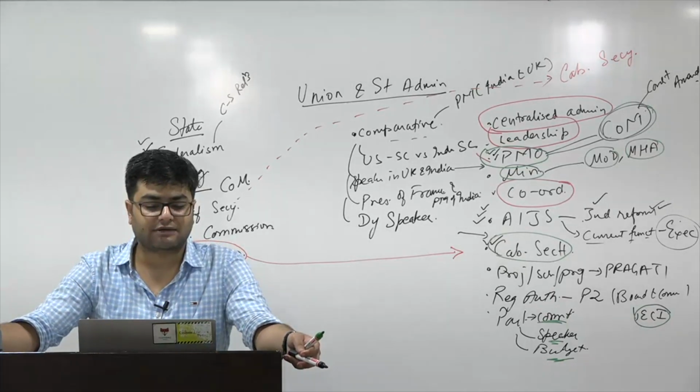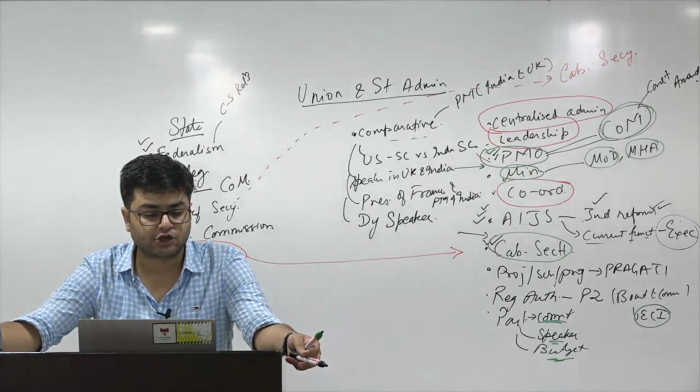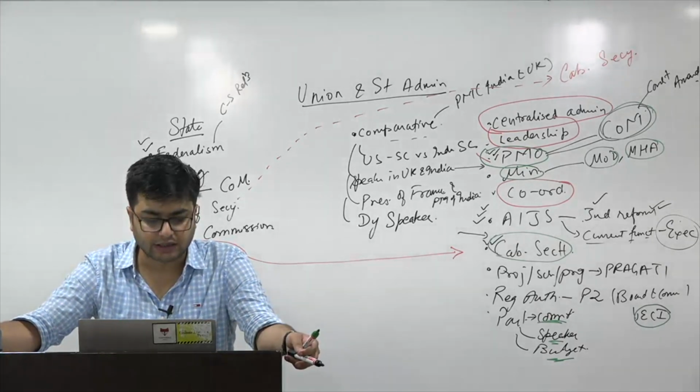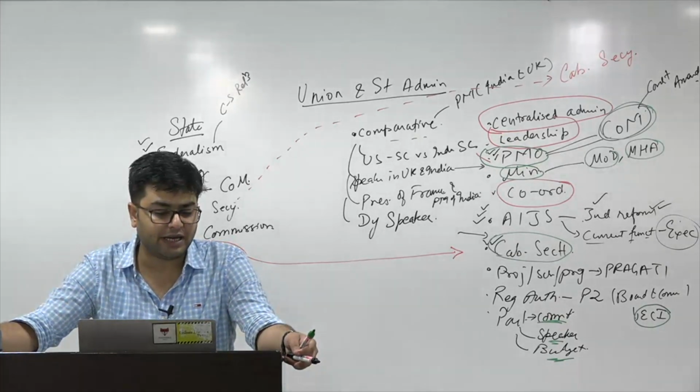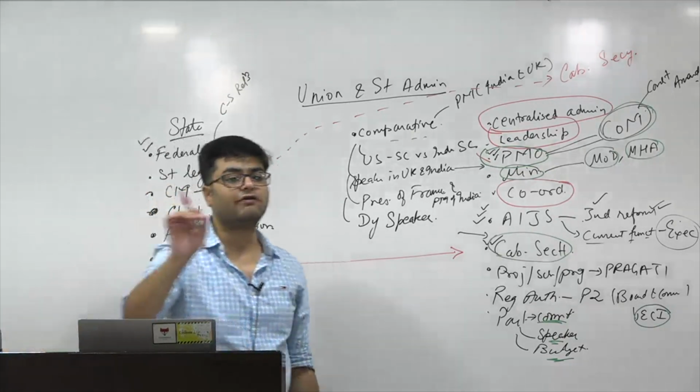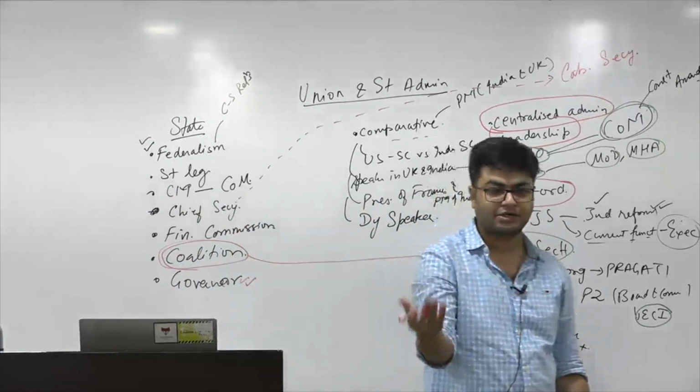Next, Article 356 acts very much like the proverbial bolt from the blue, without giving an opportunity or notice to the state government to correct its alleged shortcoming. The phenomenon not only undermines the autonomy of the state government, but also demeans the status of the President of India. Critically analyze. So the role of Article 356, again the President's rule.